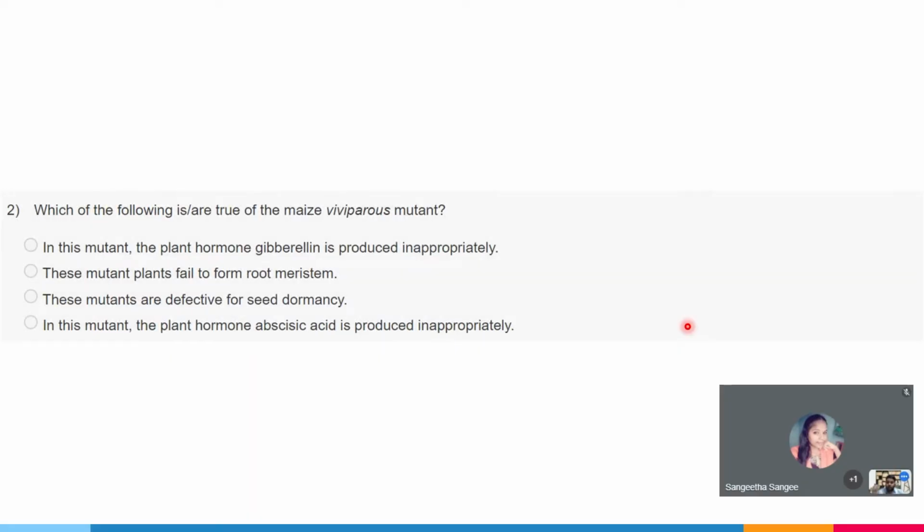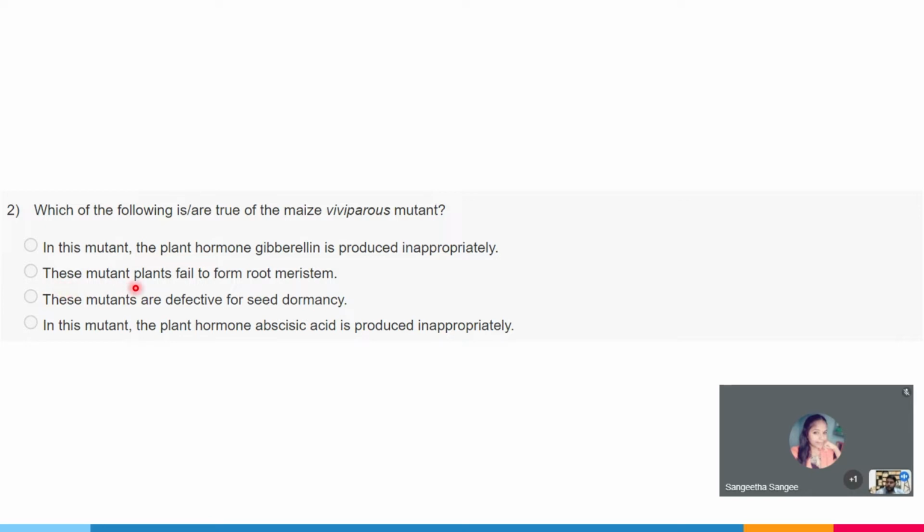Okay, so the next question is, which of the following is or are true of the maize viviparous mutant? Viviparous is a gene that was knocked down in maize, and people tried to understand what exactly was the effect of it. The options are: in this mutant, the plant hormone gibberellin is produced inappropriately. Gibberellin is one of the hormones present in plants.